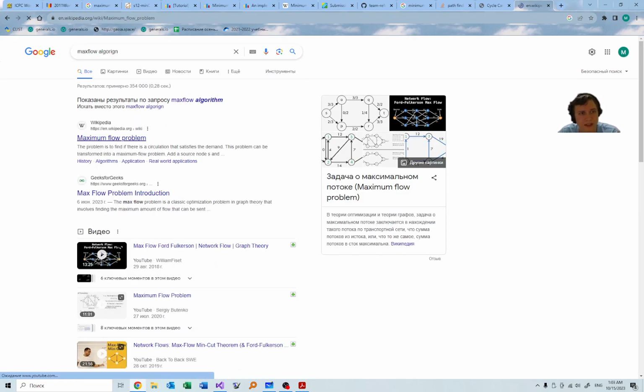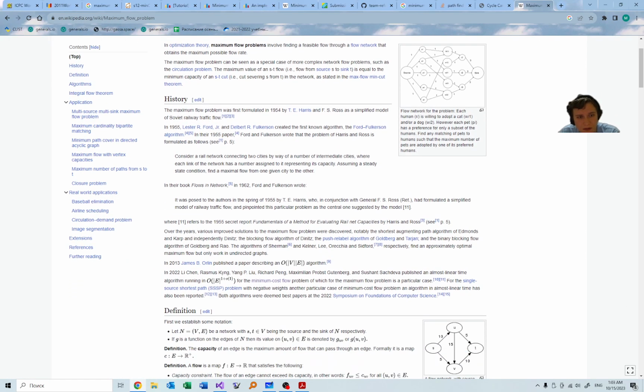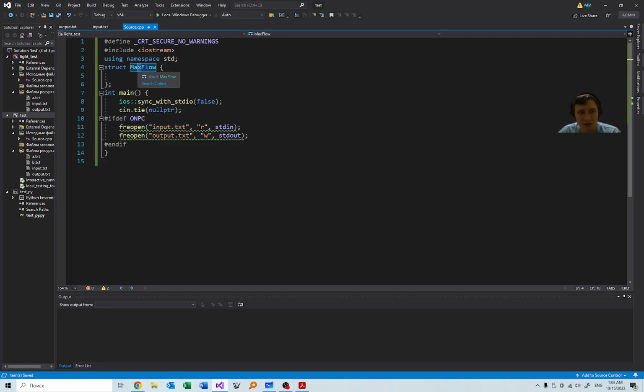For the sake of completeness, I need to find the name of this algorithm. Okay, Edmonds-Karp, of course. I will just call it Edmonds-Karp.